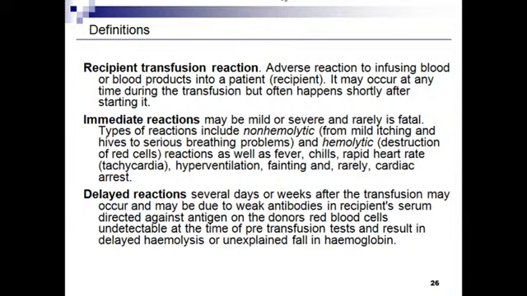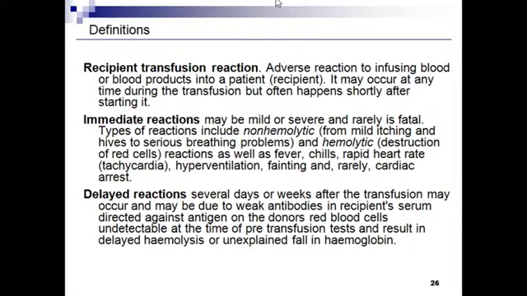Types of reactions include non-hemolytic, from mild itching and hives to serious breathing problems, and hemolytic reaction, as well as fever, chills, rapid heart rate, hyperventilation, fainting, and cardiac arrest. The delayed reactions may occur several days or weeks after transfusion.